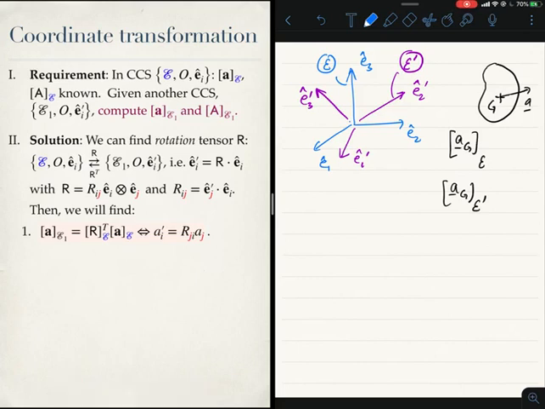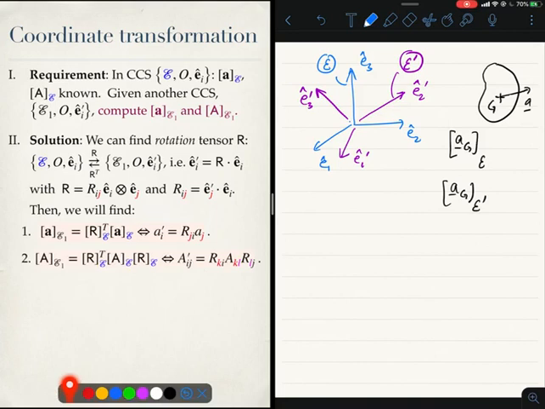So what I will show you is how to obtain the matrix of the tensor A in the new coordinate system in terms of the matrix of the tensor A in the old coordinate system by this formula. Note how I am using again the matrix of the rotation tensor in the old coordinate system, because that's what I know, and this matrix equation corresponds to this equation in terms of index notation.